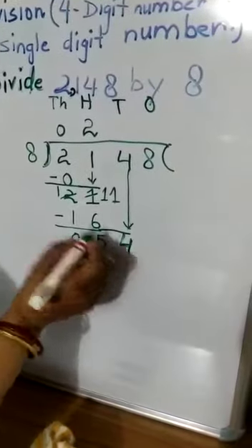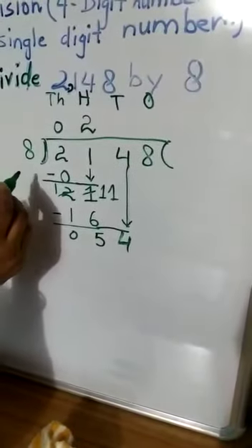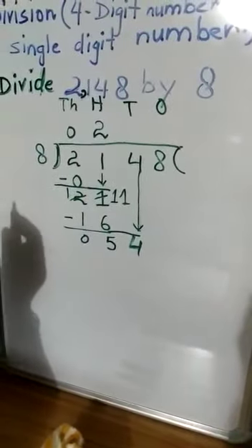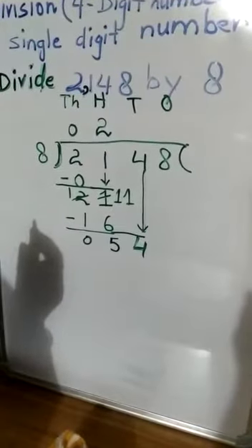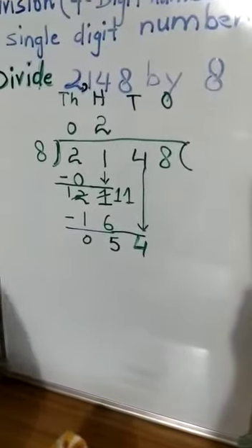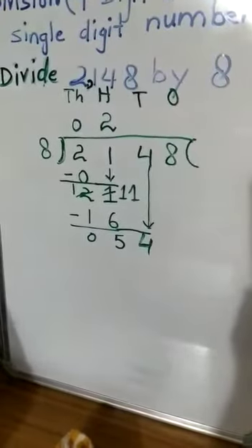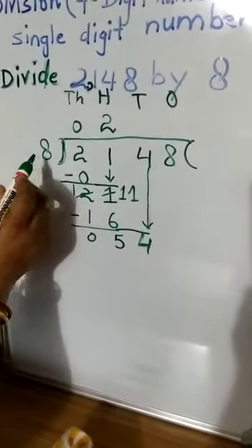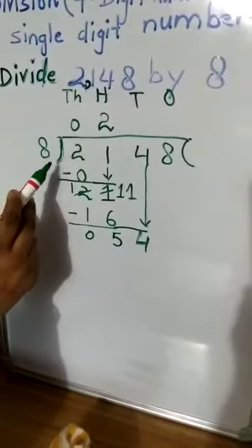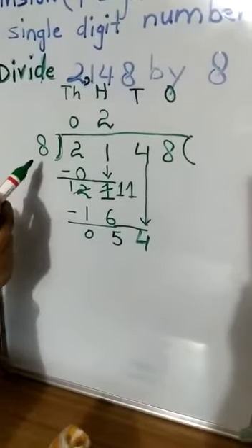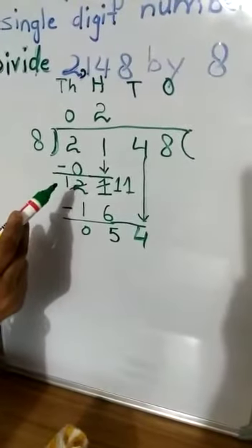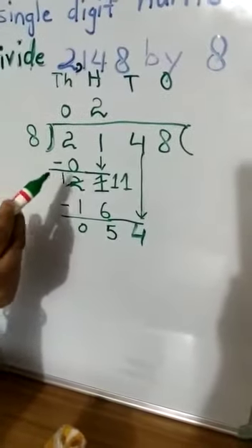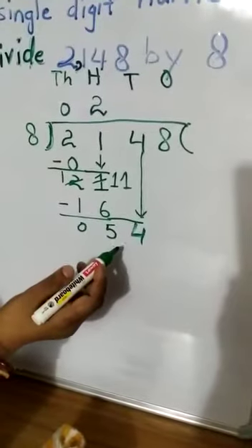This 54 is more than 8. So we will start the table of 8. Right? So let's start the table. 8 ones are 8, 8 twos are 16, 8 threes are 24, 8 fours are 32, 8 fives are 40, 8 sixes are 48 and 8 sevens are 56. 56 is more than 54.